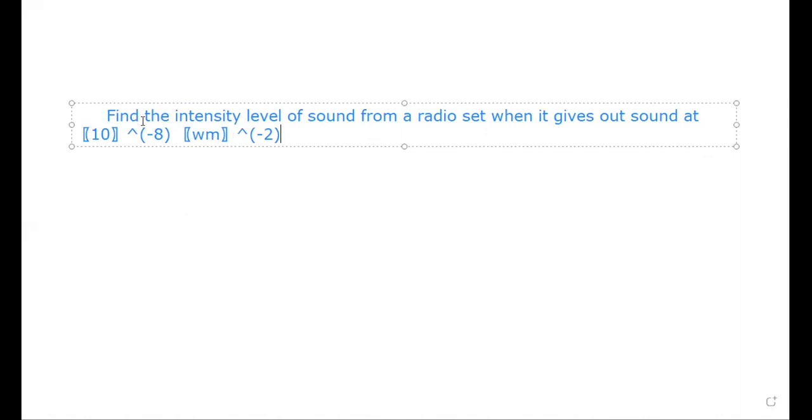So we are looking for the intensity level of sound, beta, which is unknown.